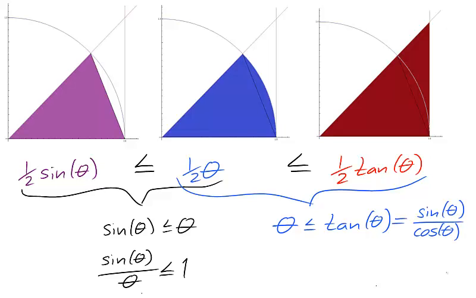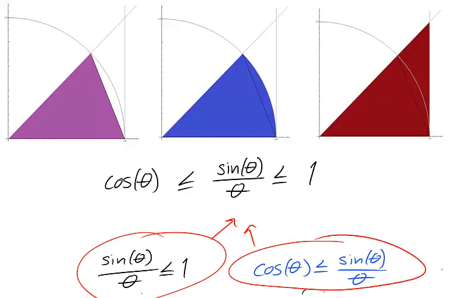Recall that tangent is the same as sine over cosine. Divide by theta and multiply by cosine, and we have that cosine theta is less than or equal to sine theta over theta. Notice that the direction of the inequality is unchanged, as both cosine theta and theta are positive, due to theta being in the first quadrant. We combine these two observations to obtain our desired squeeze theorem setup.